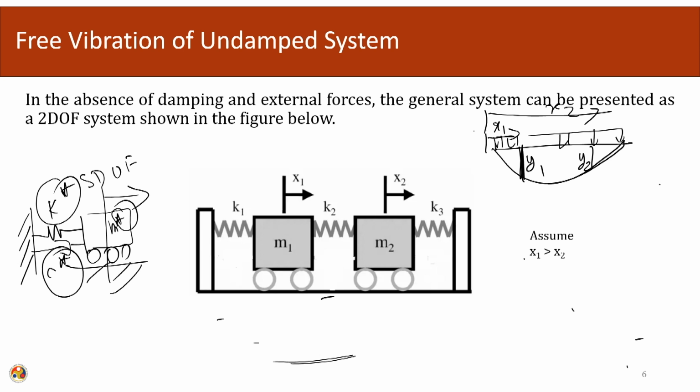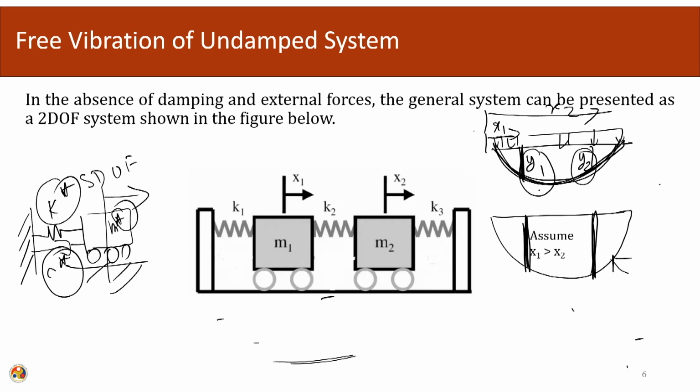Here again we are only taking the contribution of the first mode, and our chosen degrees of freedom are now at two locations. We want to see the vertical displacement at these two locations, y1 and y2.